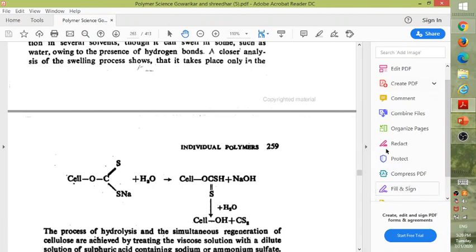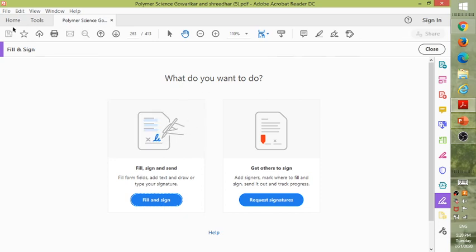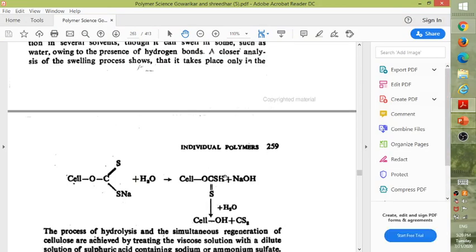Let me show you this reaction. How can I show you this reaction? Please bear with me, guys. Okay.